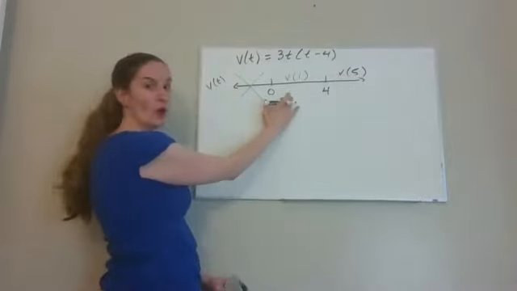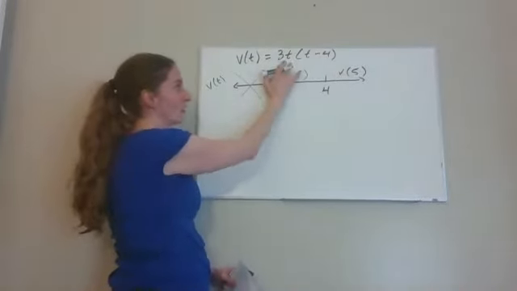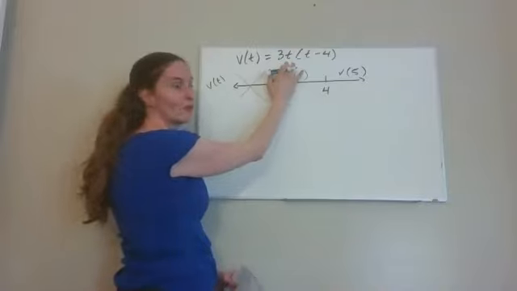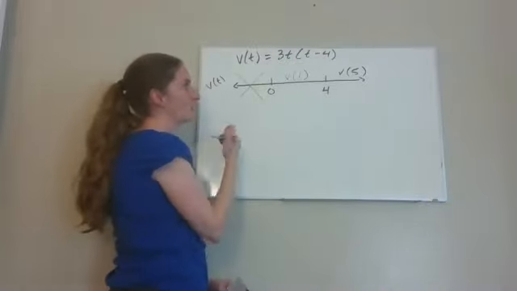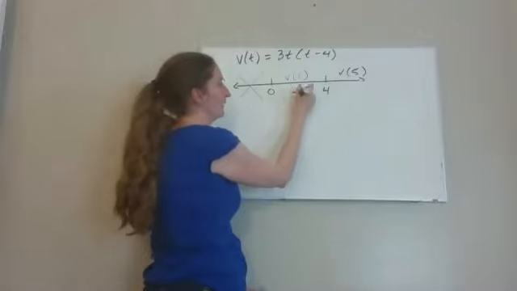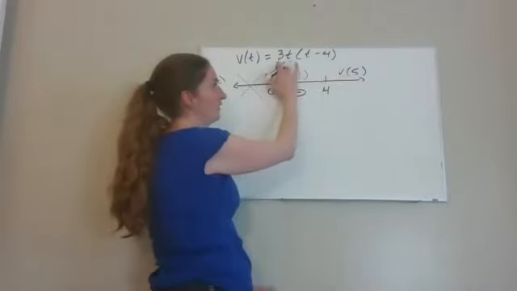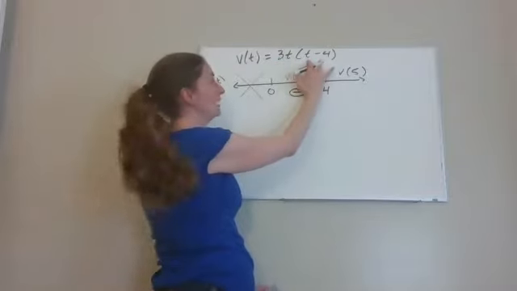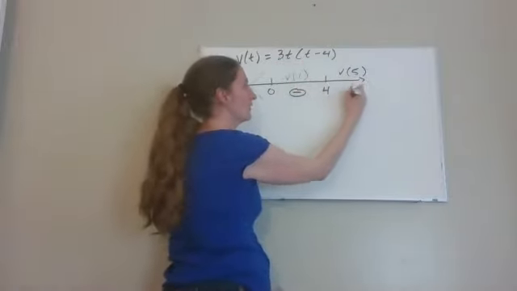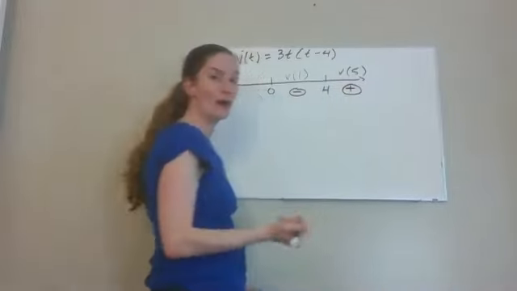So if I plug 1 into this velocity function, 3 times 1 is positive, 1 minus 4 is negative, positive times negative is negative. And when I plug my 5 in, 3 times 5 is positive, 5 minus 4 is positive, positive times positive is positive.